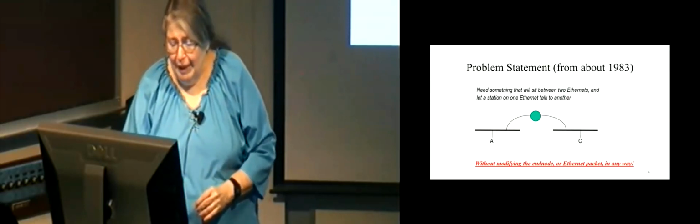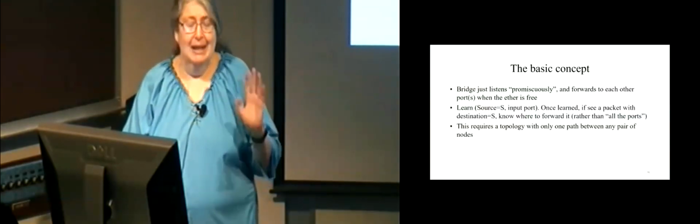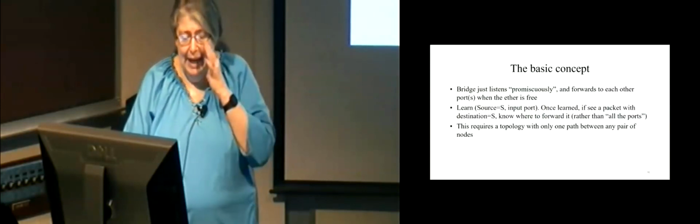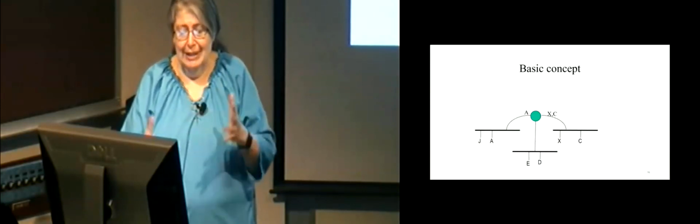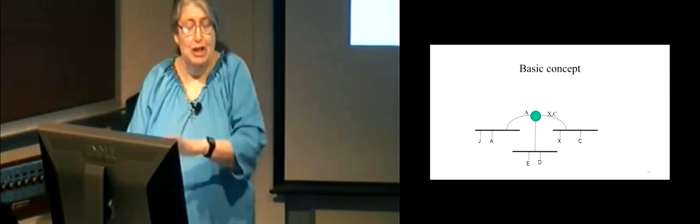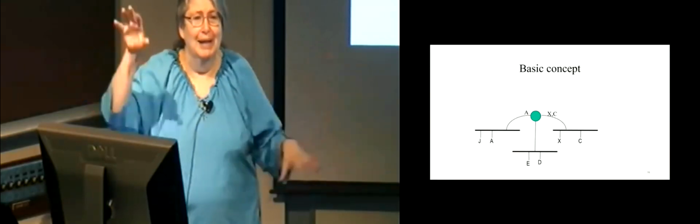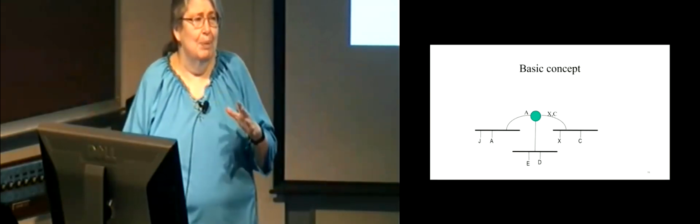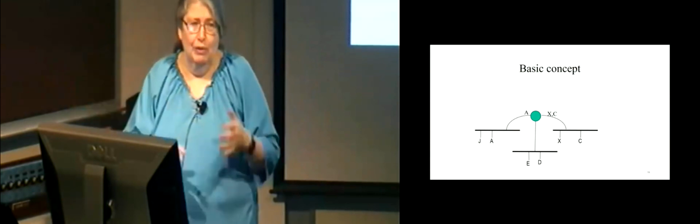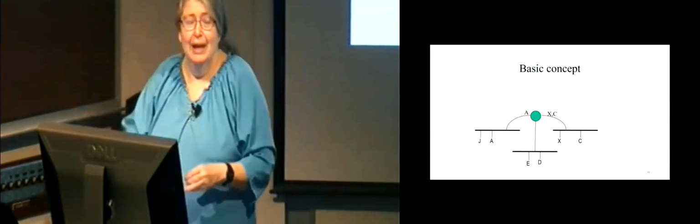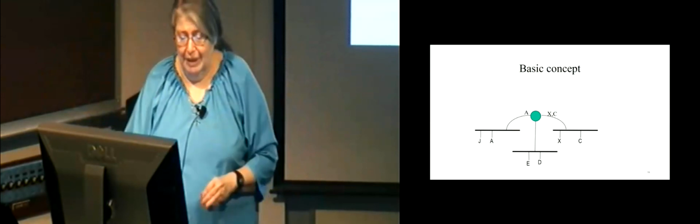So they had a basic concept first, which was that a bridge just listens promiscuously. This magic box will listen to every single packet on each port, store it up, and then when the ether is free, or if it's a token ring, when it gets the token, it forwards onto the other ports.